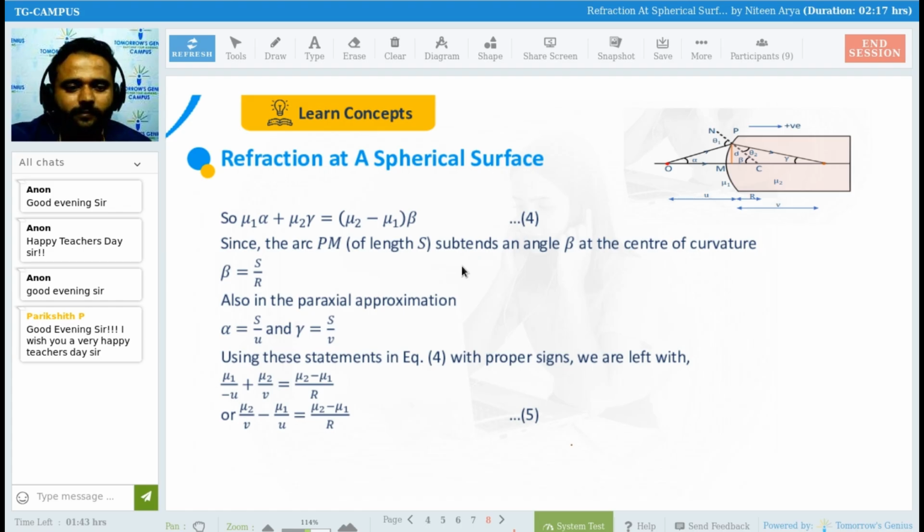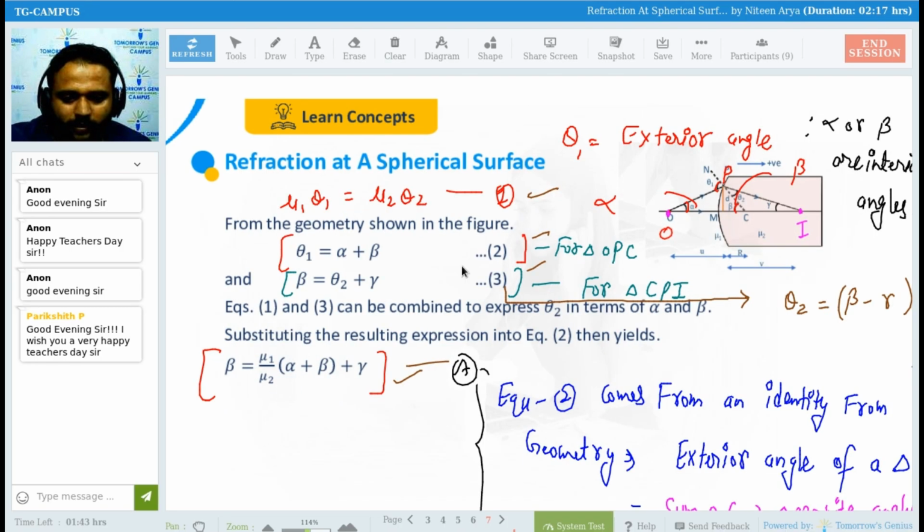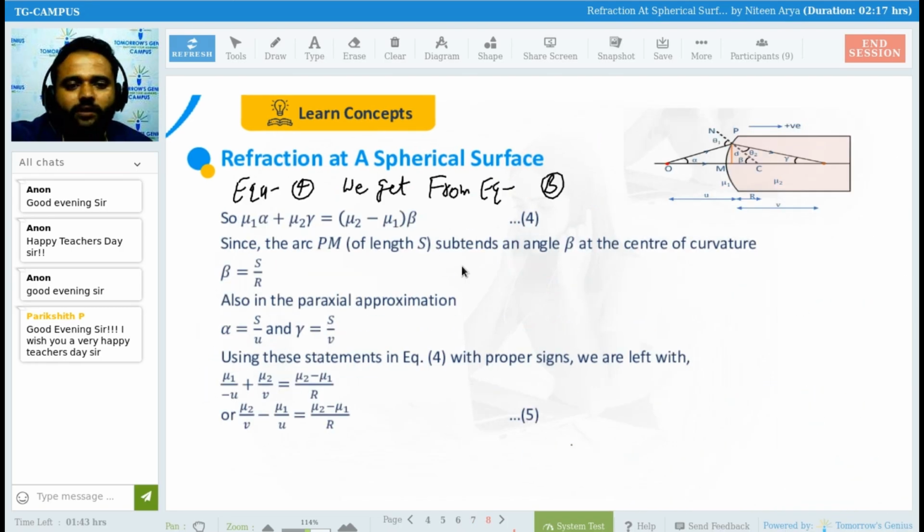Is this clear, everyone? Equation 4 we get from equation A.